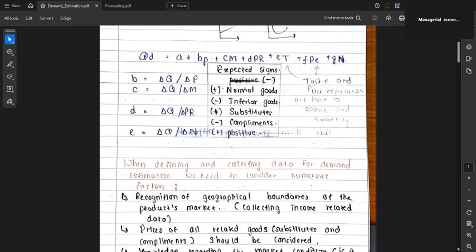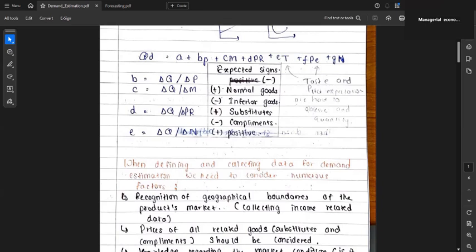So in here, we have the basic function of a demand curve, that is quantity demanded equals A, the intercept, plus BP plus CM plus DPR plus ET plus FPE plus GN.